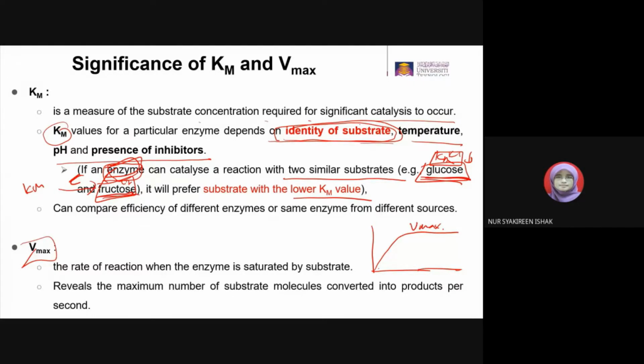The enzyme will choose the substrate with the lower Km value because the substrate with the lower Km value will have higher affinity to bind to the enzyme. Therefore the enzyme can catalyze the reaction at a higher rate, so we can compare the efficiency of different enzymes or the same enzyme from different sources.